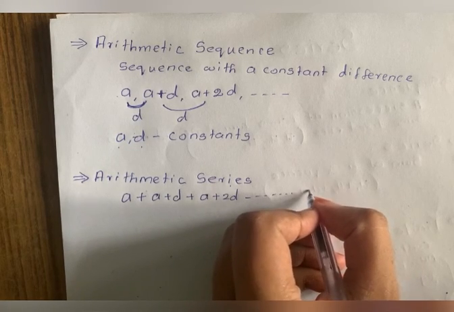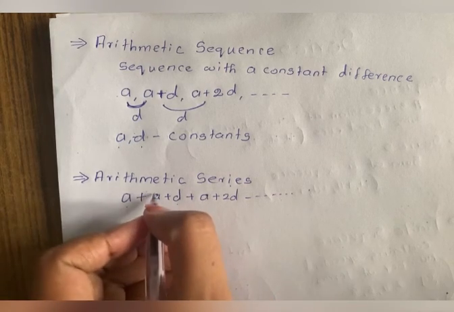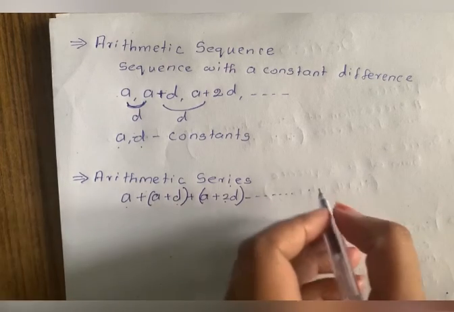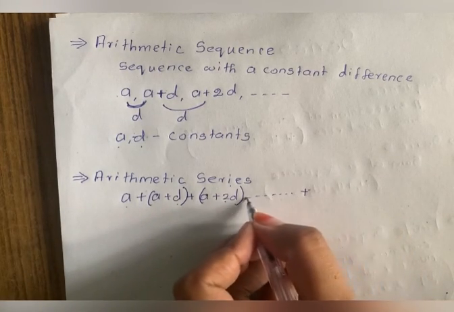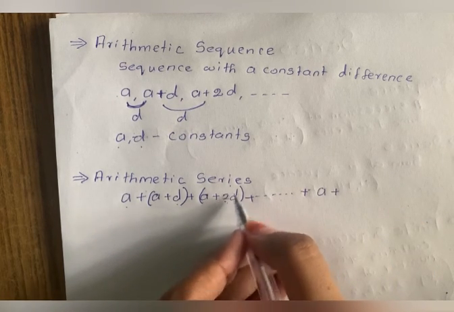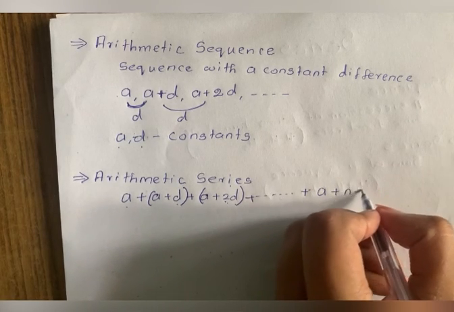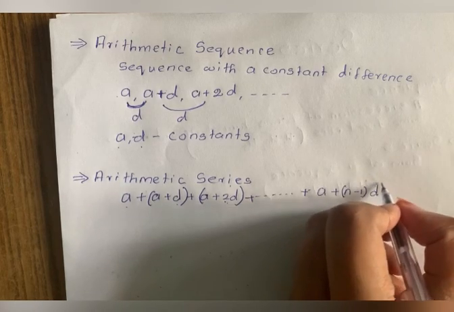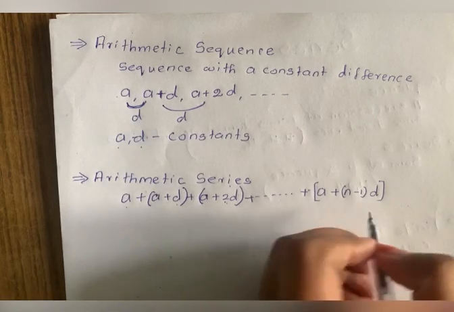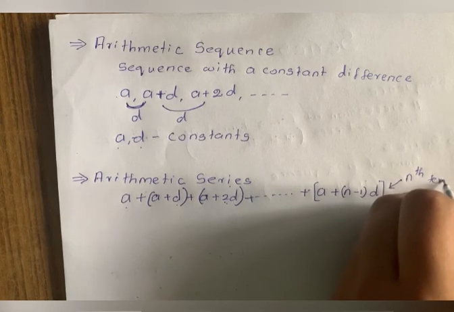For the nth term, the first term has no common difference, so it is a. The third term has 2d, which is 3 minus 1. So the nth term will have n minus 1 times d.